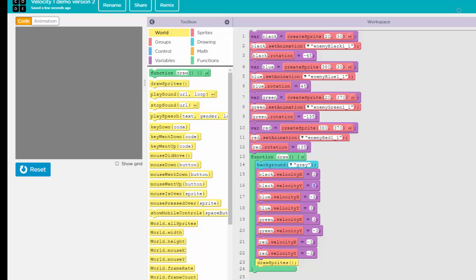And keep in mind that if you take an object and you give it a velocity x and a velocity y, it's going to move diagonally. How fast it moves and what direction it moves depends on the numbers that you use, how you assign the positives and the negatives, and everything that you do to it.